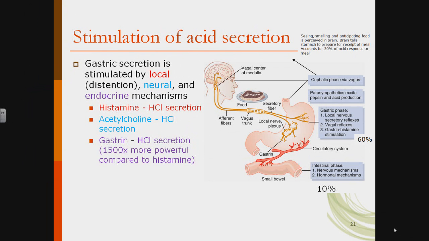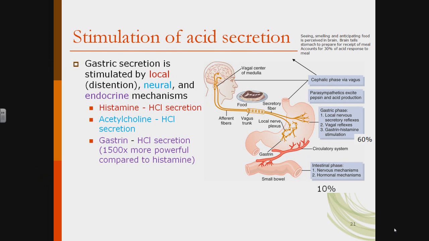Additionally, with the gastric phase, in addition to local feedback and vagal reflexes, we see the G cells releasing gastrin, which in turn stimulates histamine stimulation. And histamine, we're going to see, also can lead to even more hydrochloric acid secretion. So that's all part of the gastric phase.